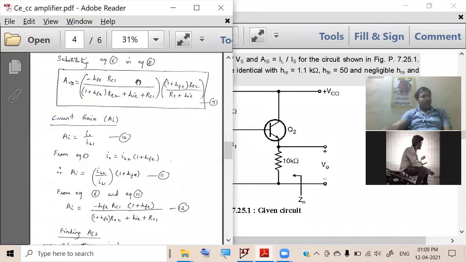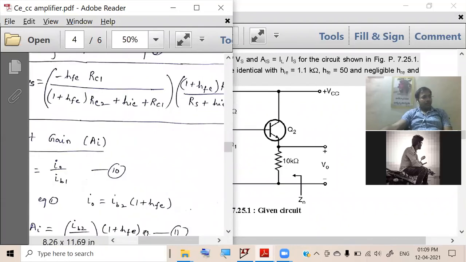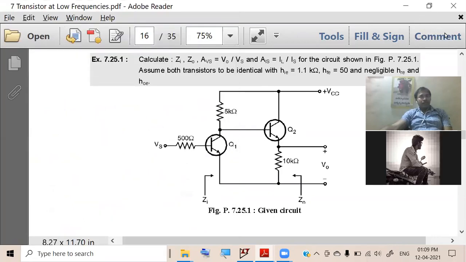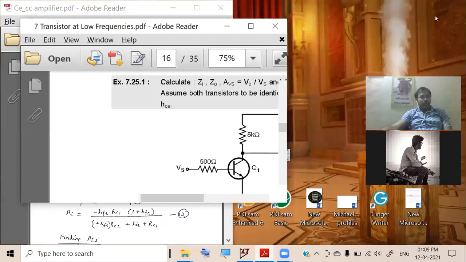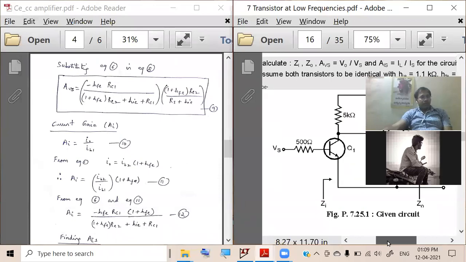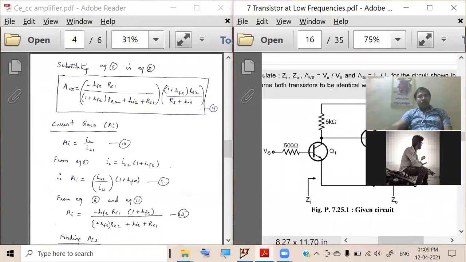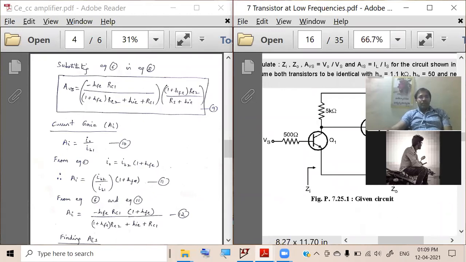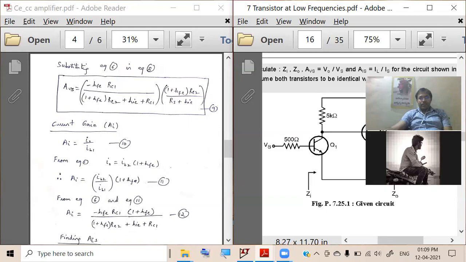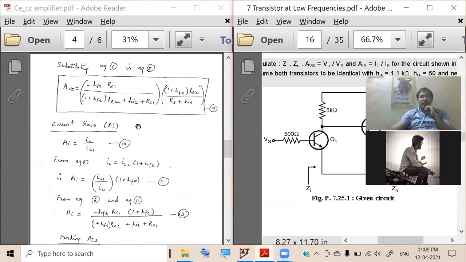This is the AVS, and this is our question. Quickly tell me what answers you get. Just substitute. HFE is given in the question.